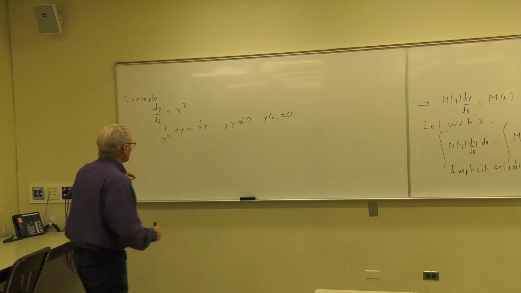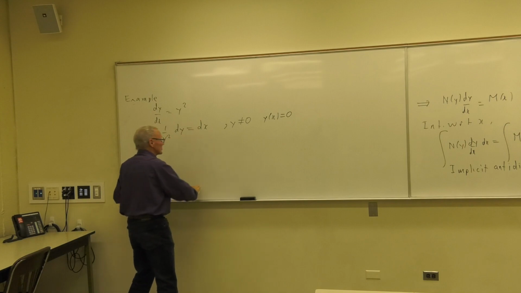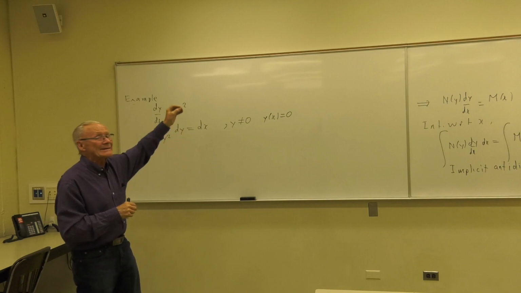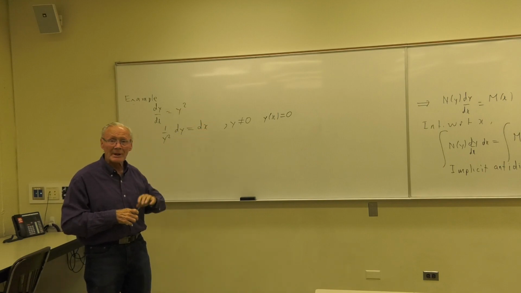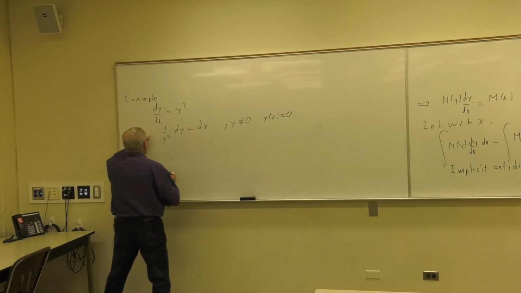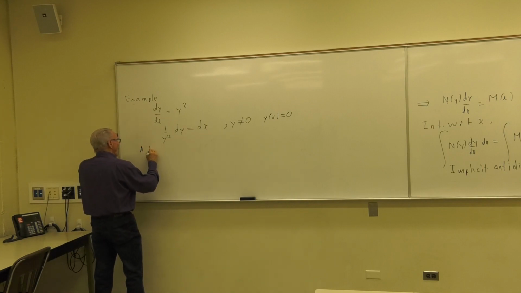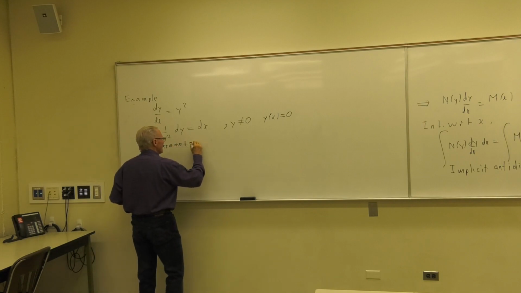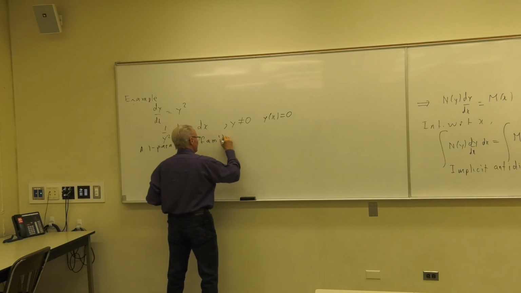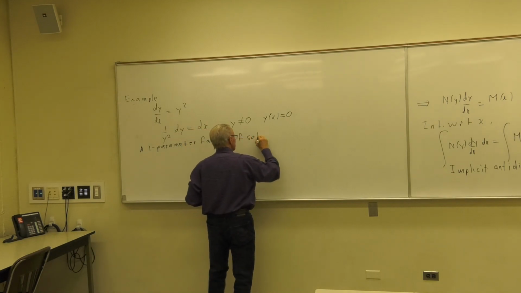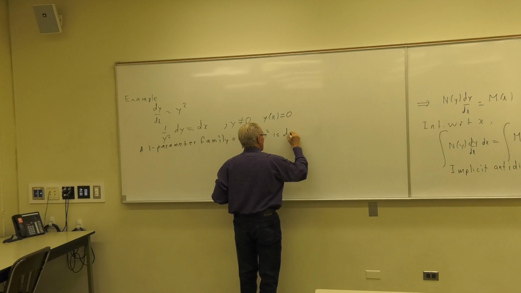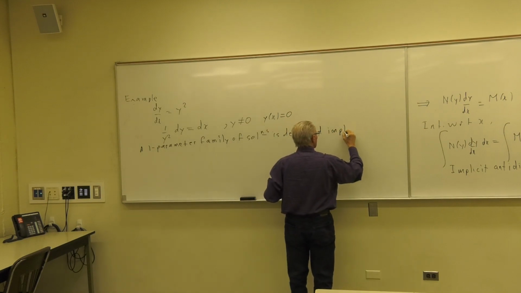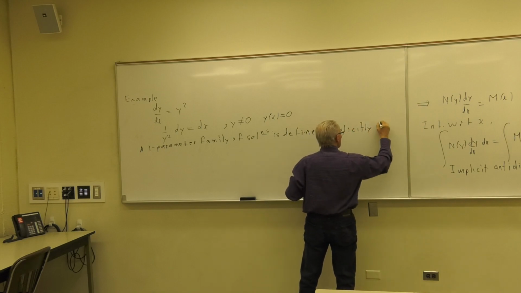By doing this, from now on, I'm looking for solutions that are not 0. But y equals 0 is a solution. I'll come back to this point in a minute. So let's carry on. So what I would like you to say here is a one parameter family of solutions is defined implicitly by.